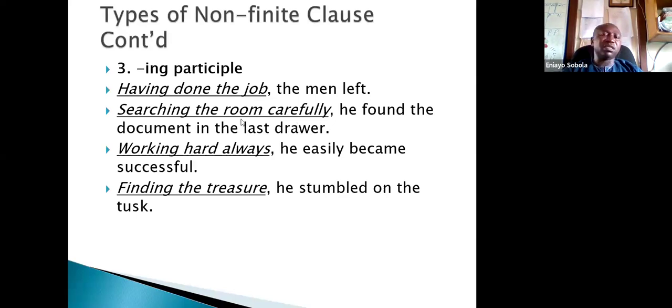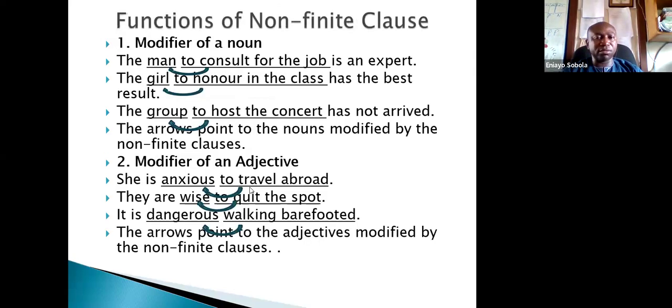Realize here that this is a non-finite clause, an ing participle. Working hard always, he easily became successful. The same thing with the previous one. So they are all ing participle clauses. They are non-finite clauses.